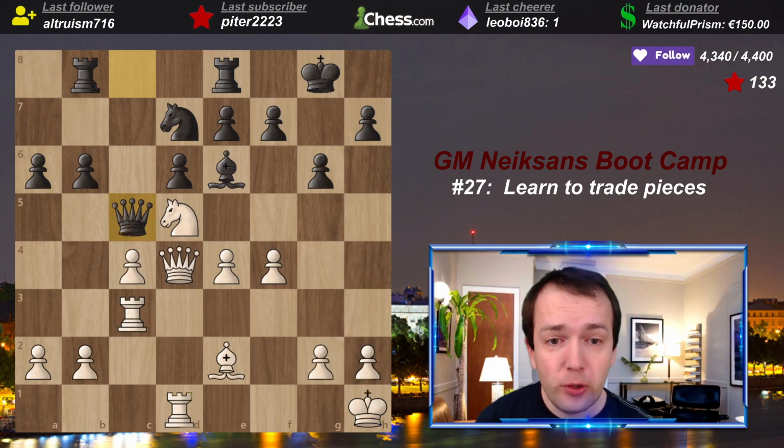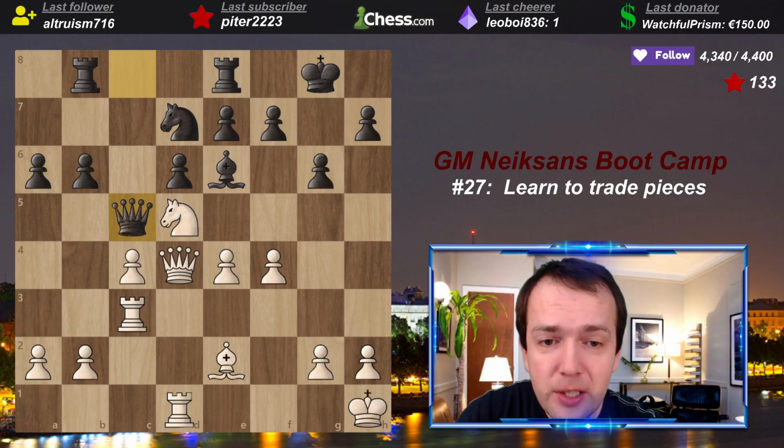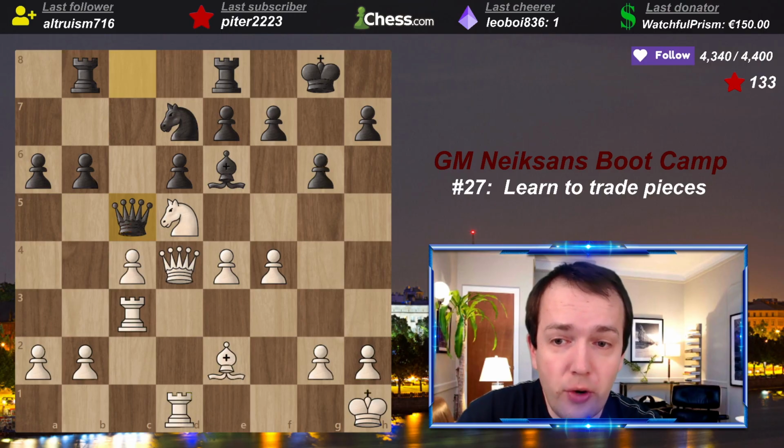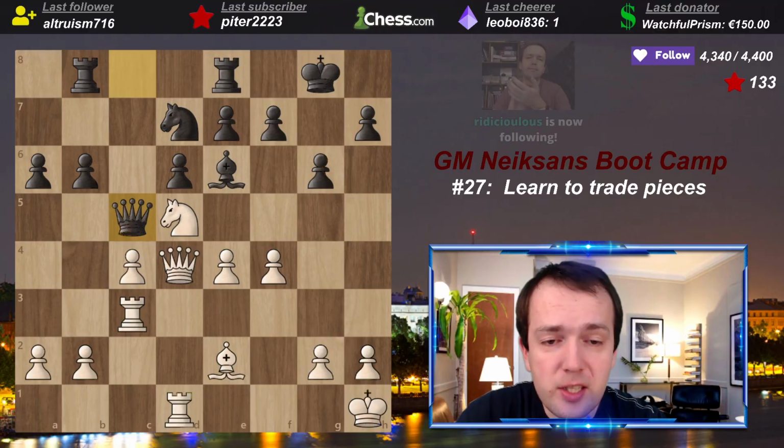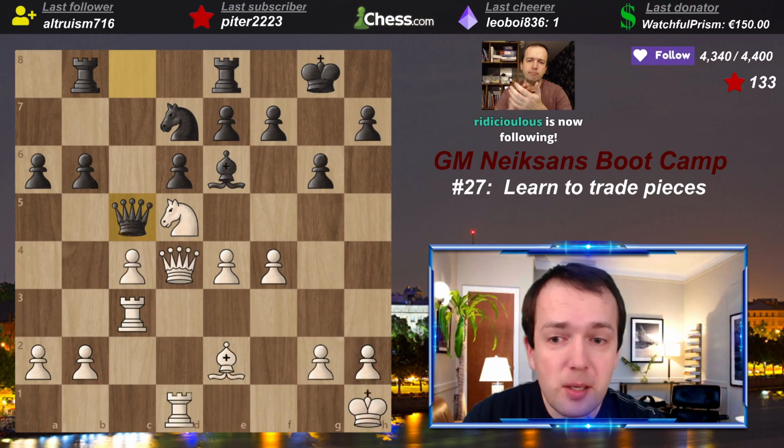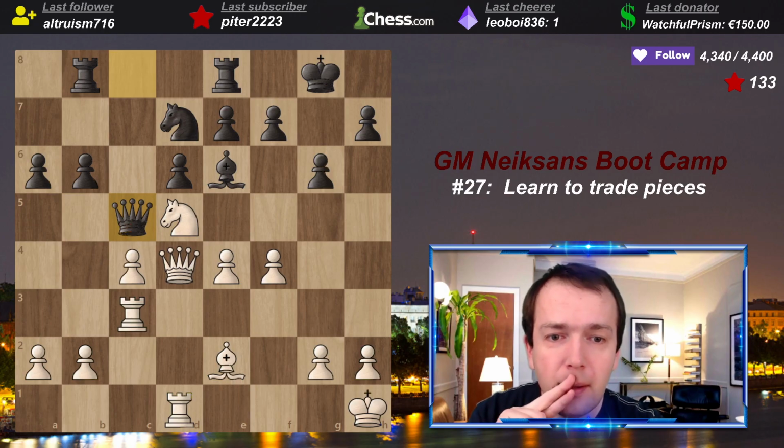For example, very interesting moment here. Normally, we don't want to trade the queens because we're looking towards the queenside attack and we're enjoying some space advantage. But again, I want to mention a very important moment. There's always the exception.